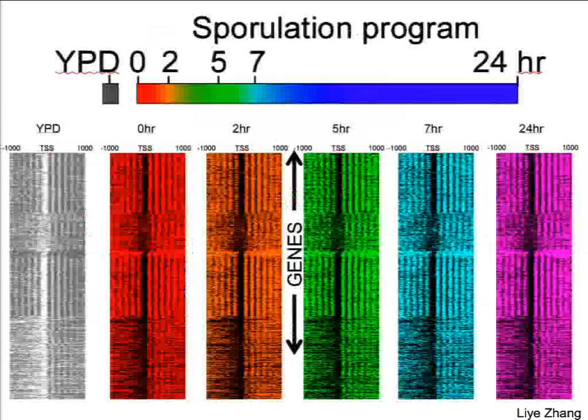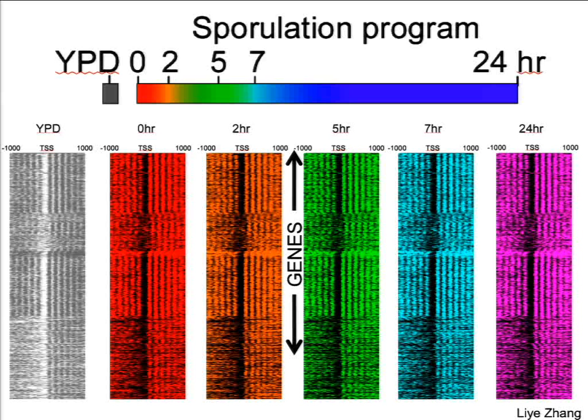All genes. So what you're looking at here is a row of 6,000 genes here, and these are the transcriptional starts. You can zoom into any small region. Nothing changes.